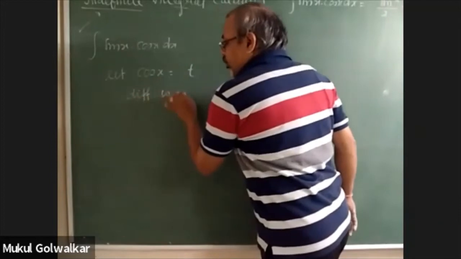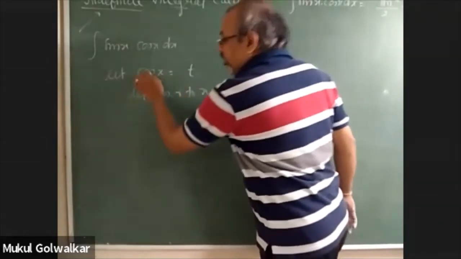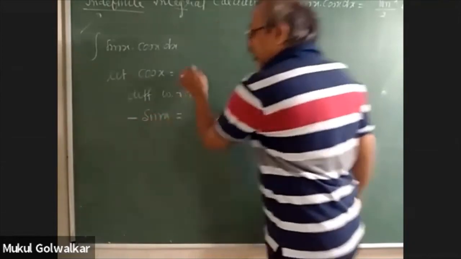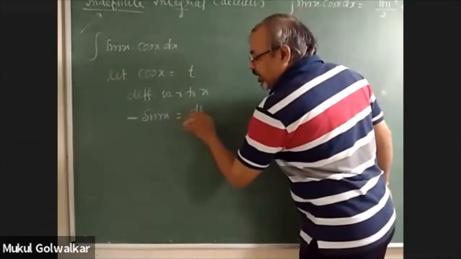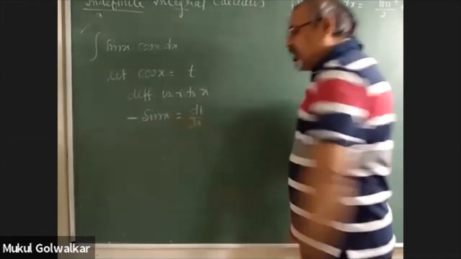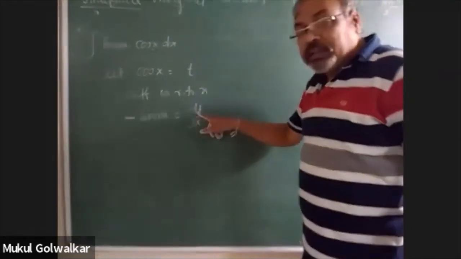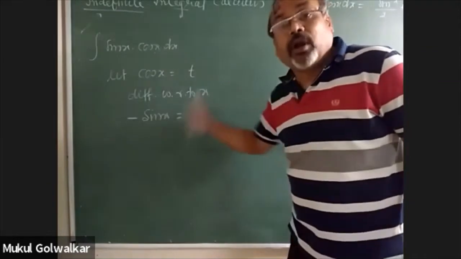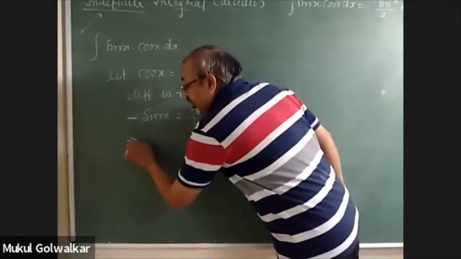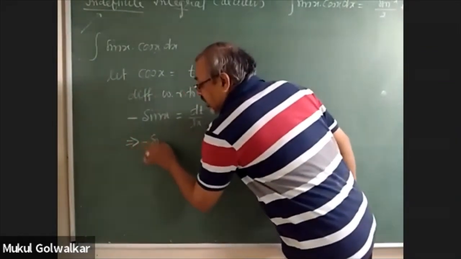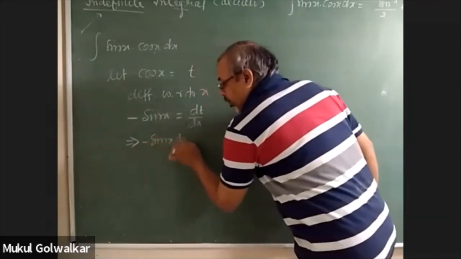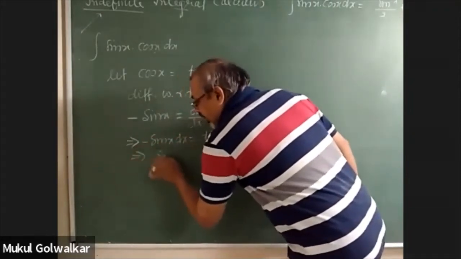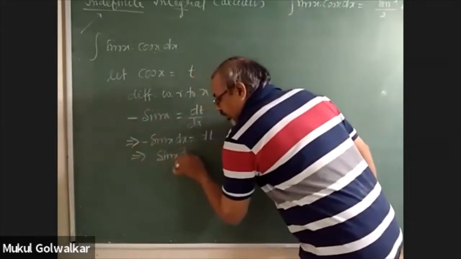The derivative of cos x will be equal to minus sin x, and the derivative of t will become dt by dx. As I said, we are required to write the quantities of one variable on one side and the other variable on the other side. So we shall write this in the form of minus sin x dx is equal to dt, or we write sin x dx is equal to minus dt.